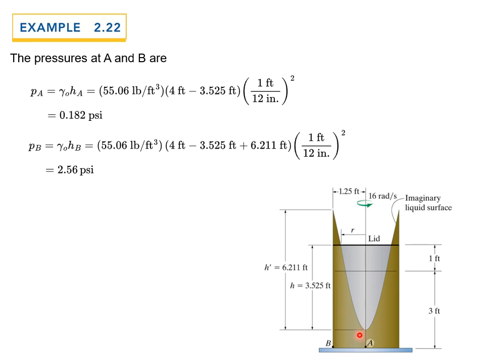That's equal to 4 feet minus 3.525 feet, which gives us the distance from the bottom to the top here. Then we just add 6.211 feet to it, and convert from feet to inches to get it in pounds per square inch.